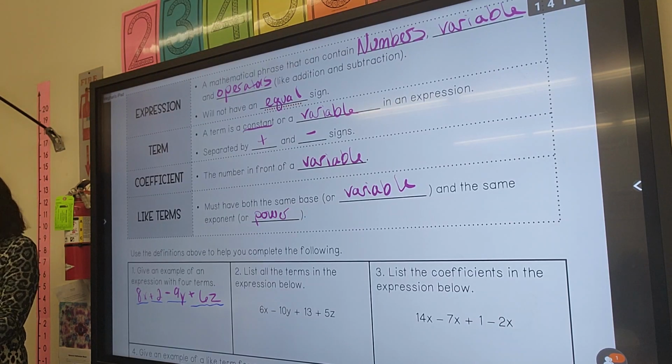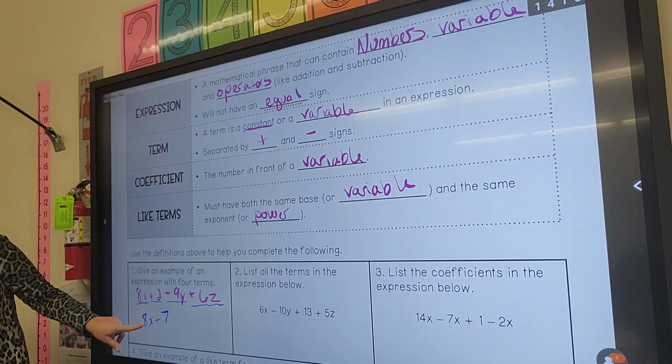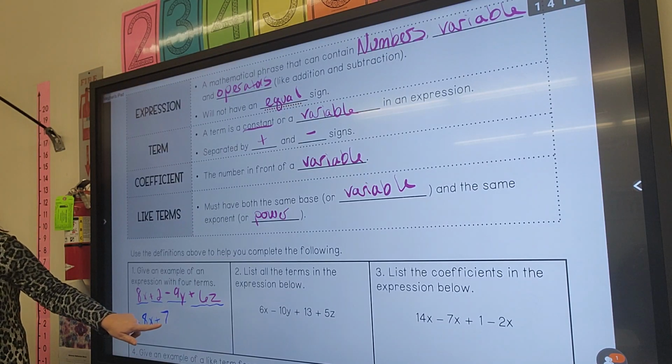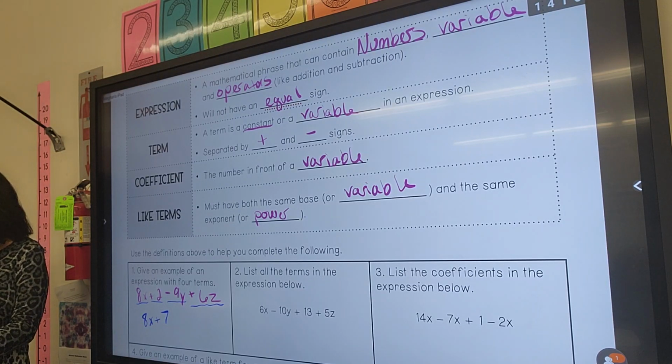So, could it be 8x plus 7? Yeah, that's an expression with two terms. 8x is a term, plus 7 is a term. Can you make up any letters you want to use? In this case we can, because we're being creative.